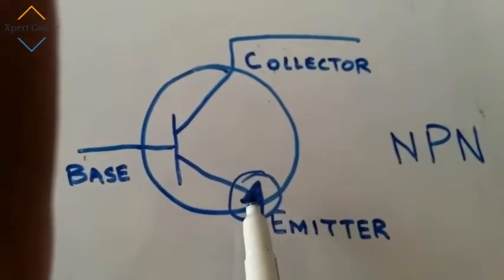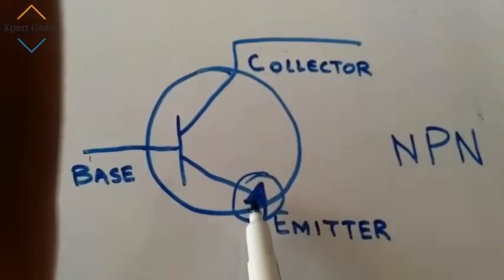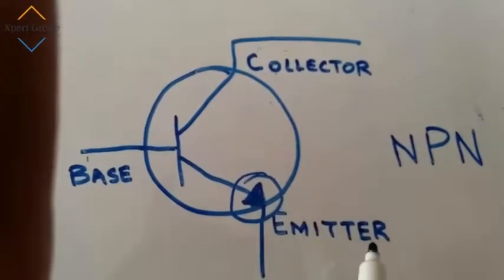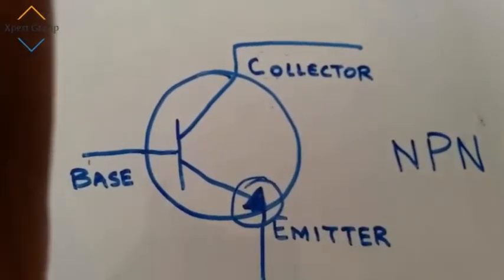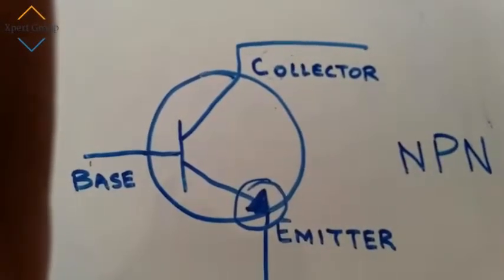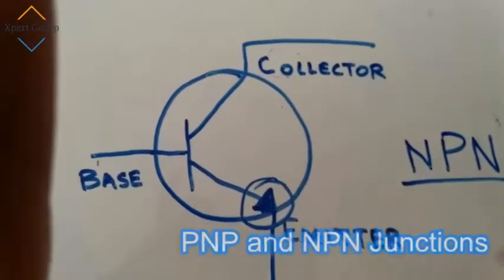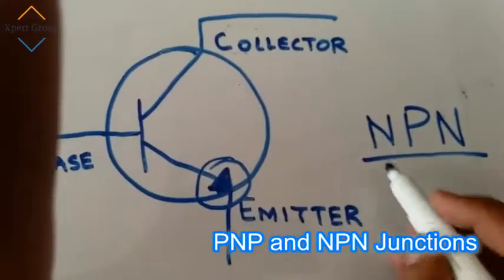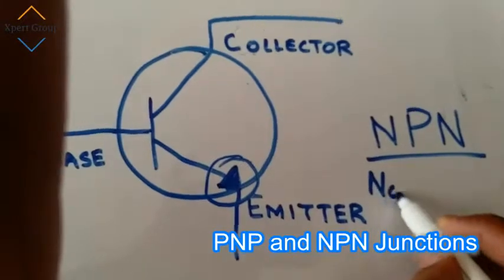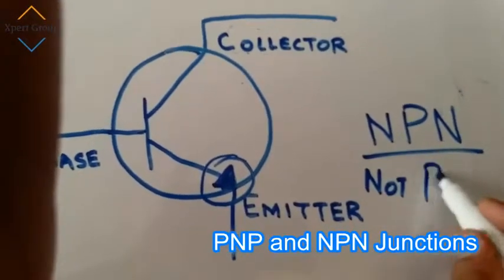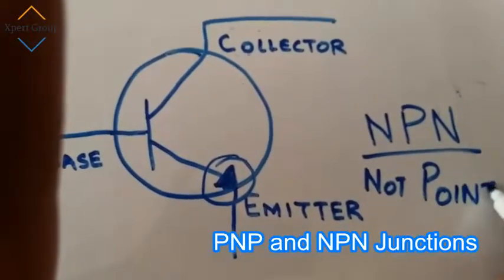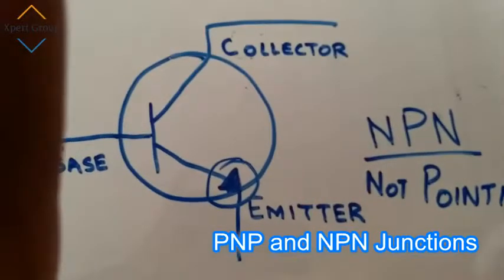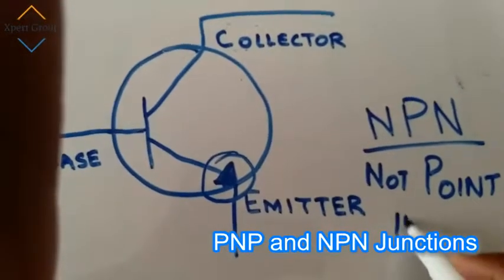If this arrowhead is pointing outward, then this is called NPN. From here you can note down: N for not, P for pointing, and N for inward.